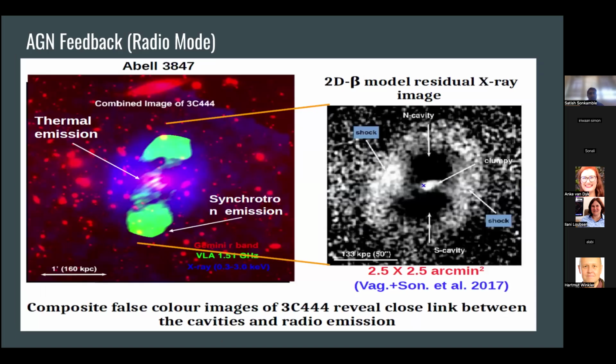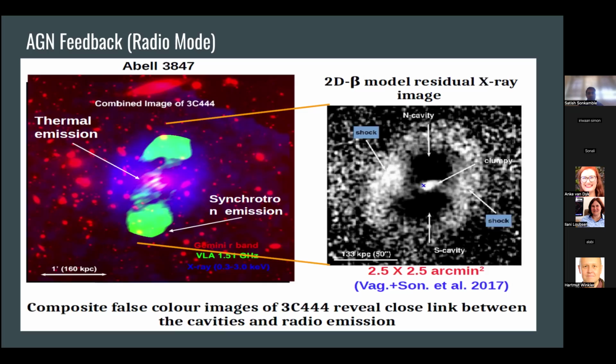Here are some examples of AGN feedback in radio mode, with observations from Chandra and other wavelengths. In the left panel image, the blue is X-ray emission and the green is radio emission. You see that the radio jets are inflated, and they displace the X-ray plasma using the radio plasma.